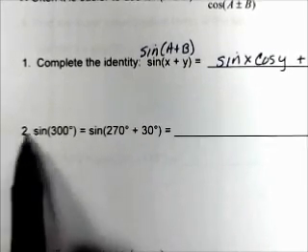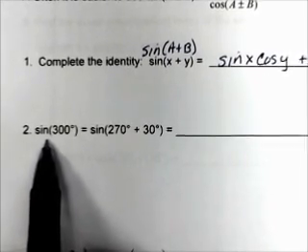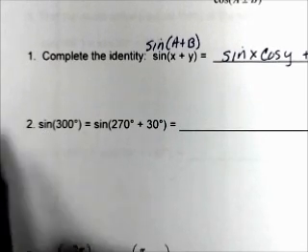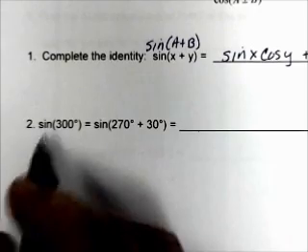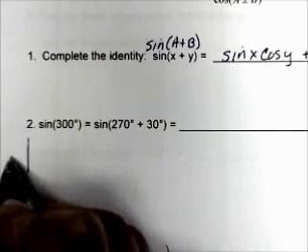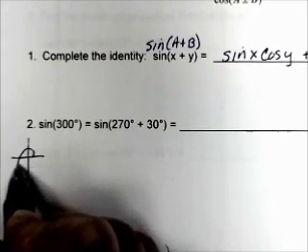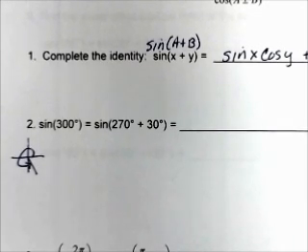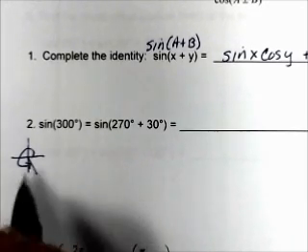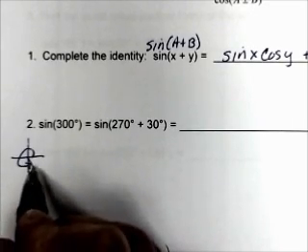Now, I know you know how to find the exact value of sine 300. Let's just recall. What would we do? We would actually draw the angle of 300 degrees. So using our old way of finding the sine of 300 first, what's the reference angle?